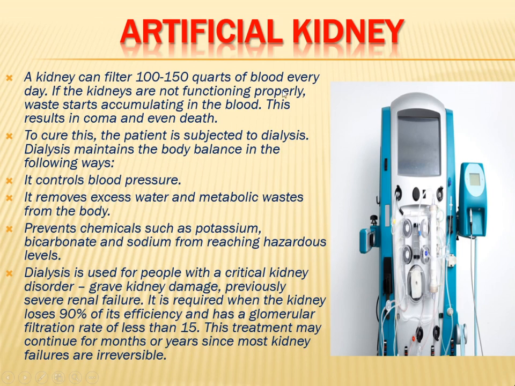Now, if the kidneys are not functioning properly, if the kidneys are unable to give out the waste, if the urea, which is the important component of the excretion present in our body, is not able to be excreted and is getting stored day after day, then one of two things will occur: coma or death.